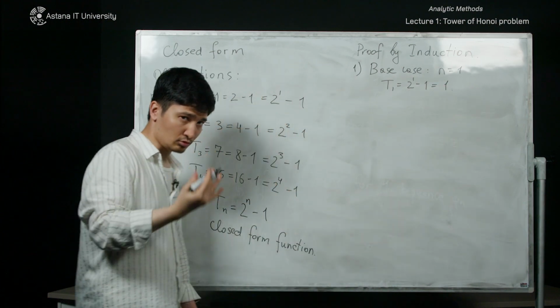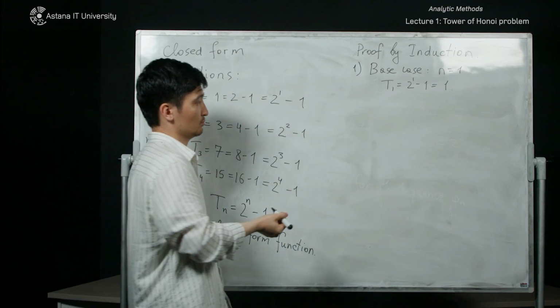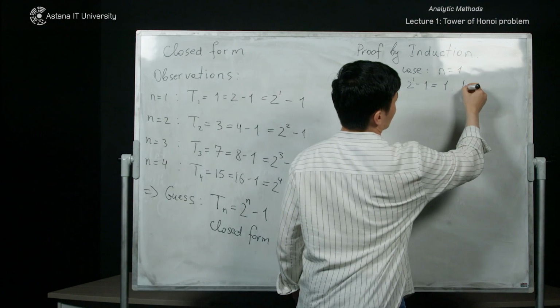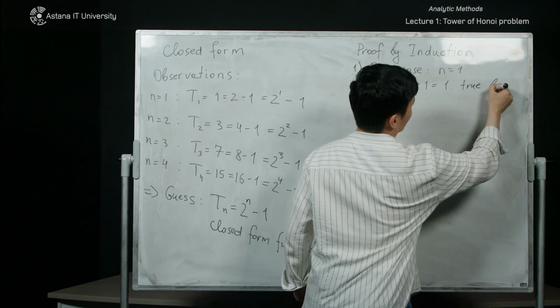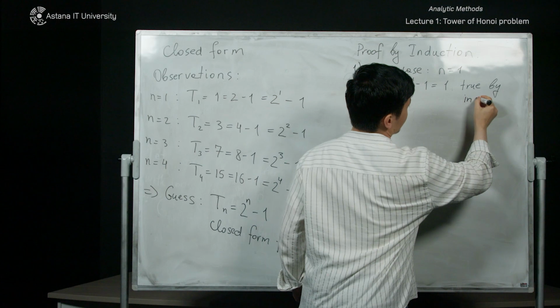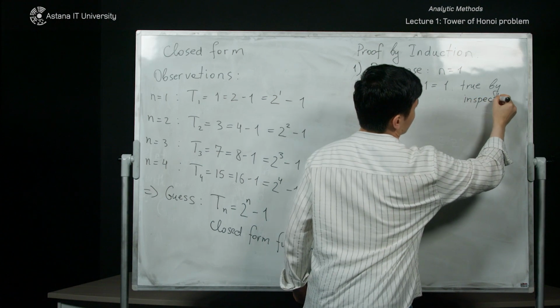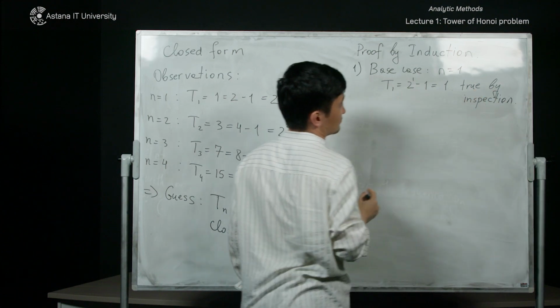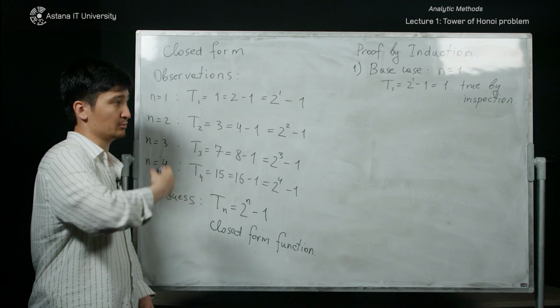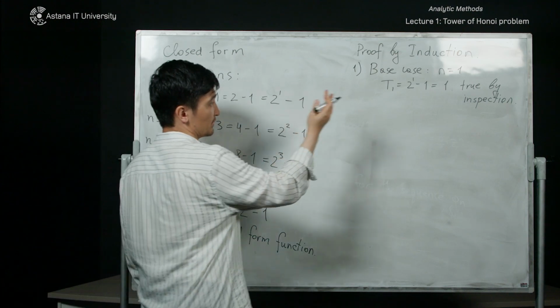Well, which is true, we can verify it by hand, true by inspection. We can verify it basically by playing the game, right? Okay, so this is my base case.